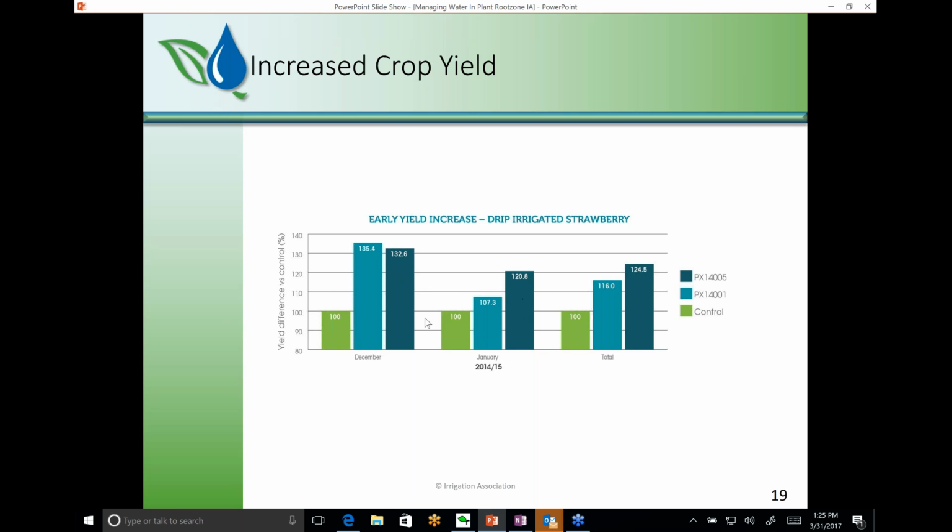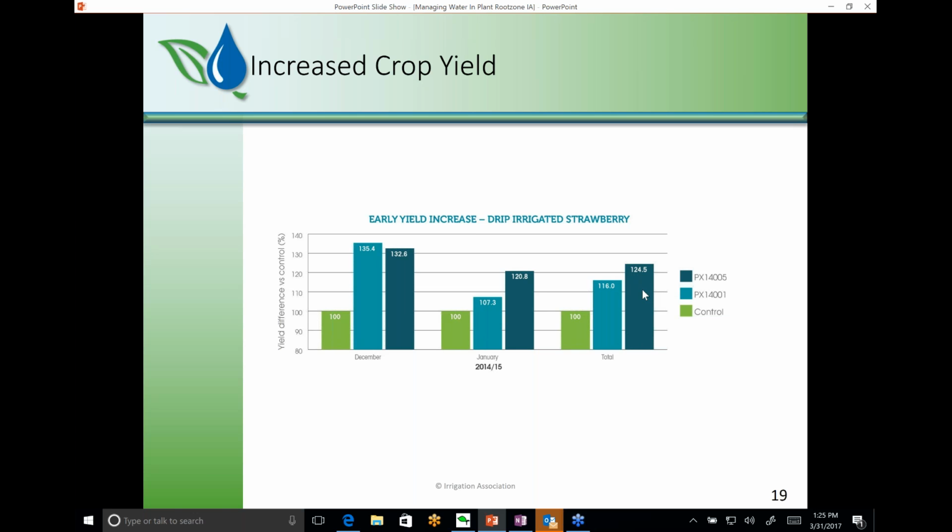Moving into January, we saw some different results. Here's the grower's standard again at 100. 7% increase over that standard with the synthetic. And in this case, the plant-based actually showed about a 21% increase. If we looked across the entire life of the crop, there was about a 16% increase with the synthetic product and about a 24% increase with the plant-based product.